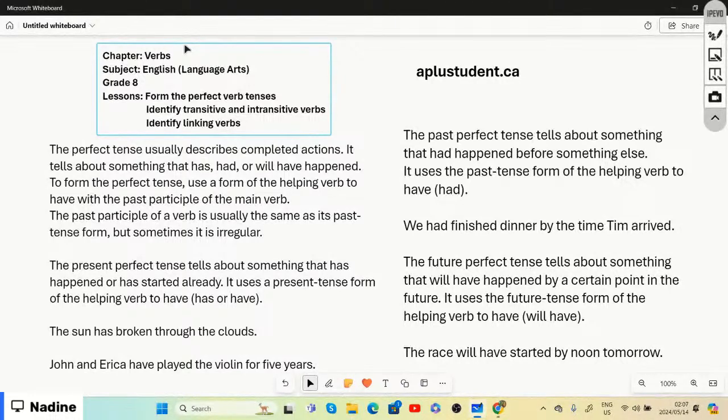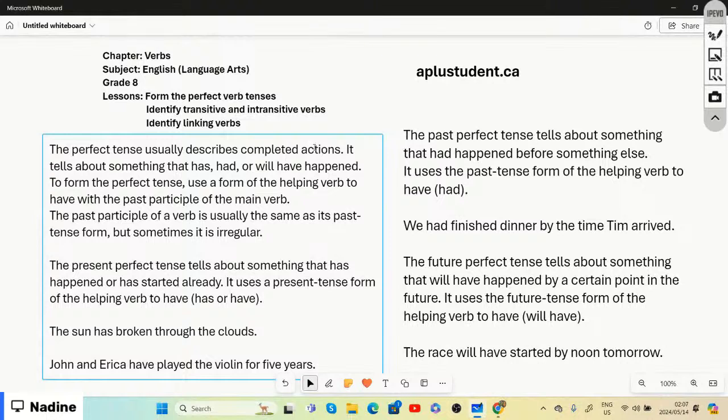The subject is English Language Arts, grade 8. And the lessons that we are going to be focusing on are to form the perfect verb tenses, to identify transitive and intransitive verbs, and to identify linking verbs.